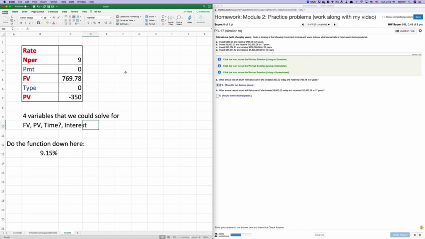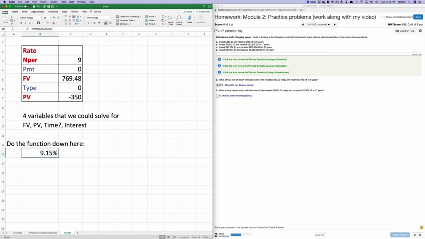So the first thing that I did was look more closely at what I had entered for my data entry. And if I go backwards here, I had entered a minor typo here, 769.48. It should have been 78. But then the other thing was that it's looking for me to round to 2 decimal places.